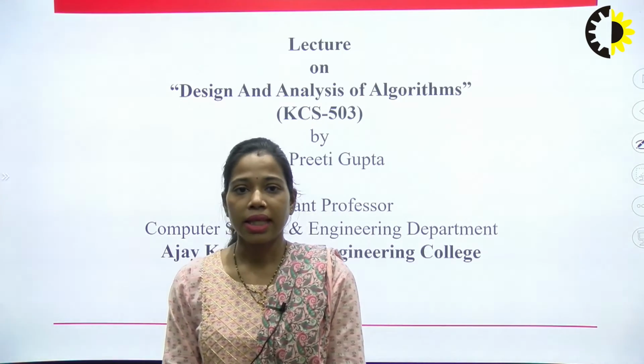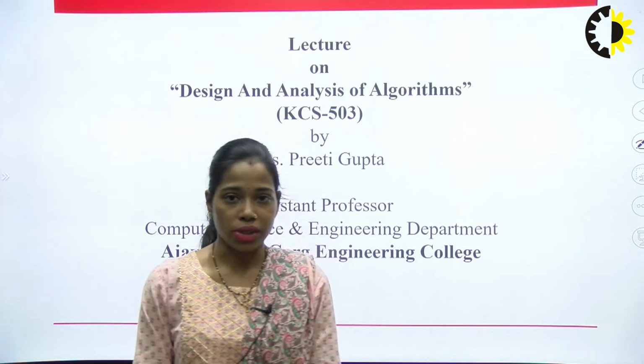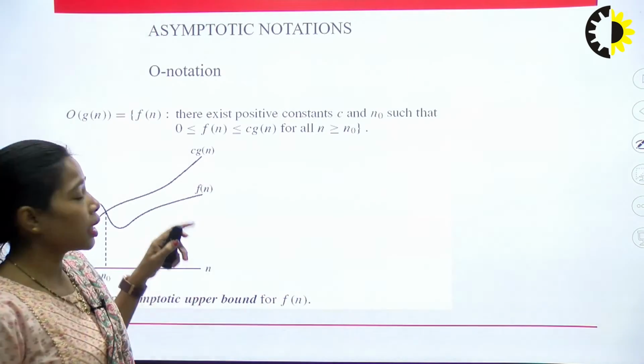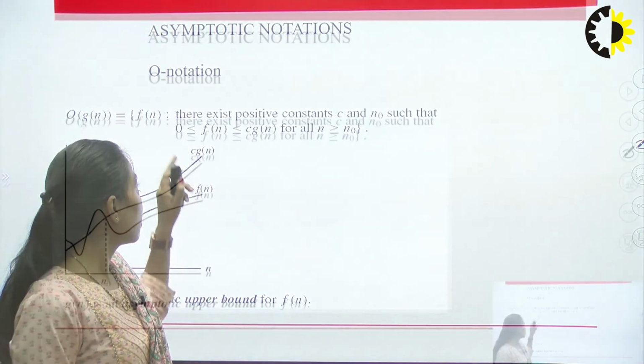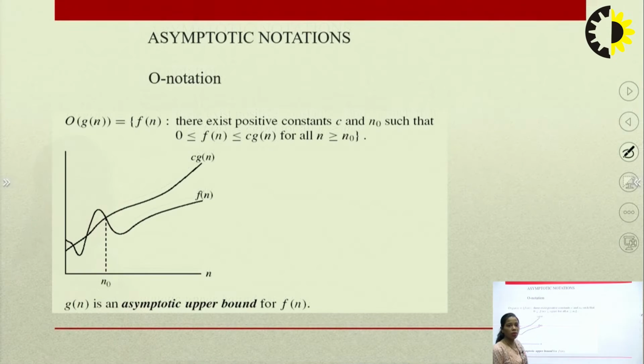There are basically three types of asymptotic notations. The first one is big O notation. In big O notation, I would like to tell you the definition. There are basically two positive functions f(n) and g(n).